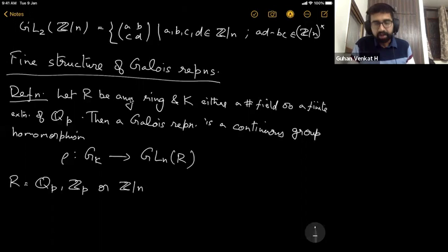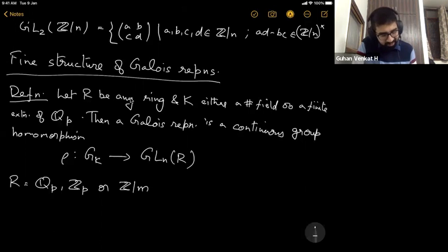Or you can also have mod M representations, more so when M is a prime, for example the representation associated to the n-torsion points on the elliptic curve. Then you have GL_n over Z mod M. So M need not be n.